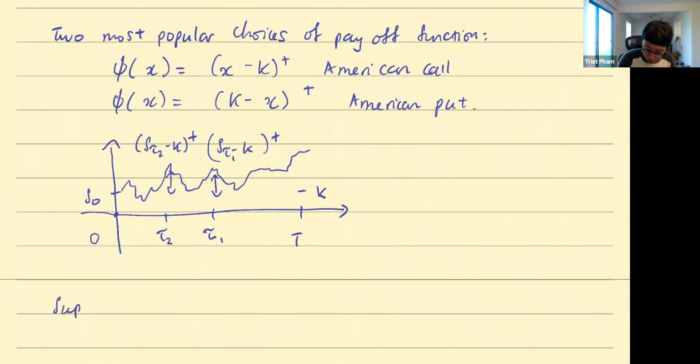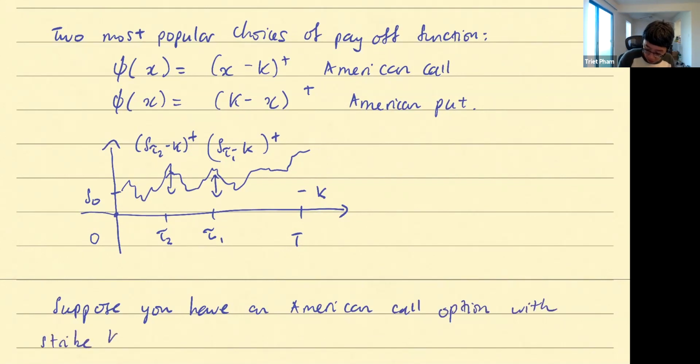Suppose that you are an American holder, suppose you have an American call option with, let's say again, strike K and expiration T. How would you choose a time to exercise this option?